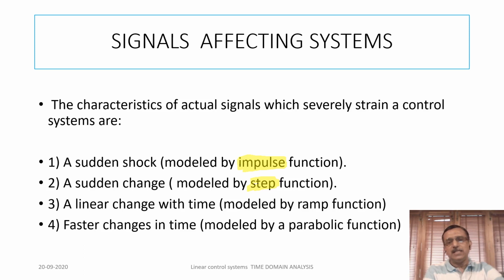So there are various inputs. The inputs which are of interest to us are a sudden shock, a sudden change, a linear change with time, and a faster change with time. If the system behaves well for all these kinds of inputs, then the system will be good for all inputs.